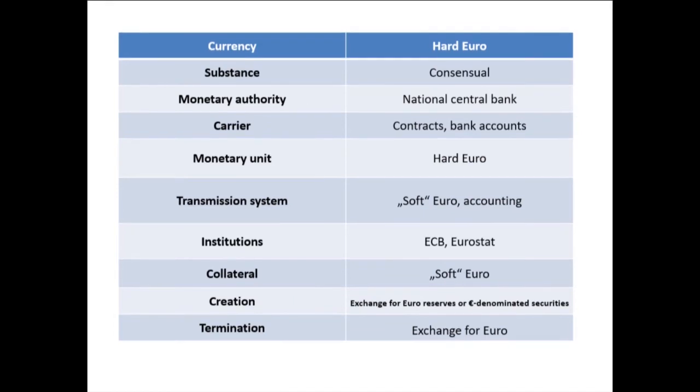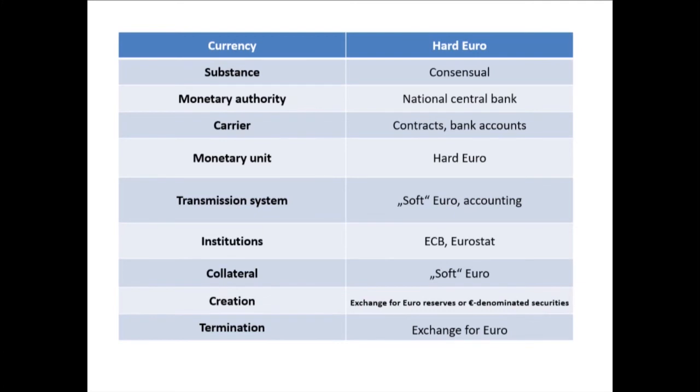The national central banks are a little bit more than branches of the European Central Bank. They perform the activities that the central bank decides that they should perform, but also they have some privileges.